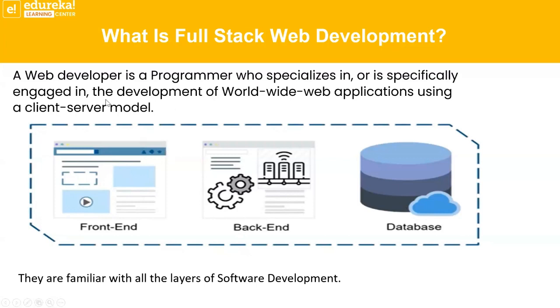As a web developer, each and every area is very important. This picture gives you full information about what the client and server model is. Imagine that you're visiting a web application. It will involve a layer at the front end, which should be accommodated with the back end, which stores the data. Imagine that you're filling out a form on the web, for example booking a bus ticket or an IRCTC Tatkal ticket.